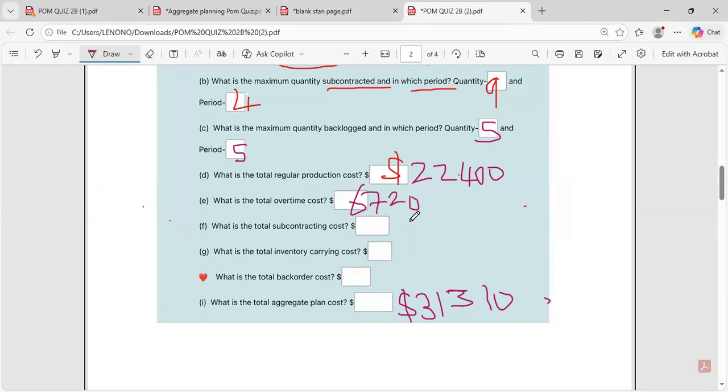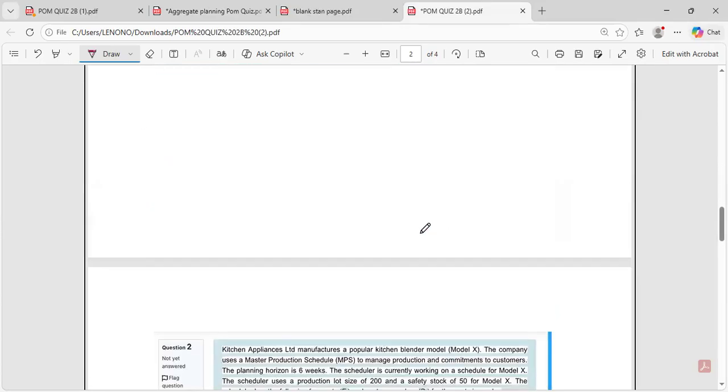Then we also have 1,960. Then we have a 70 here. Then a 160 here. So this is how these ones were obtained. All right, so that answers question 1.